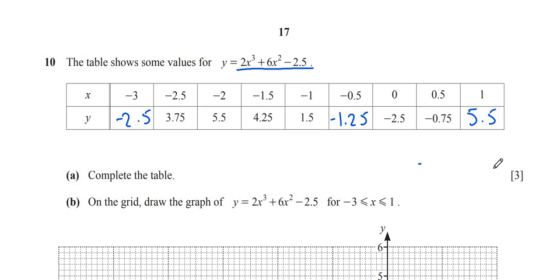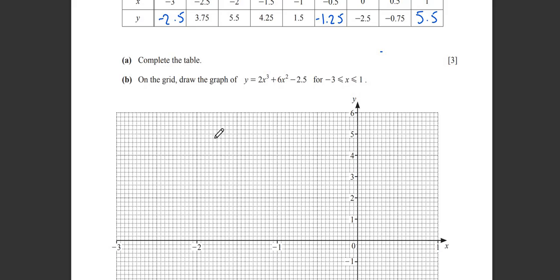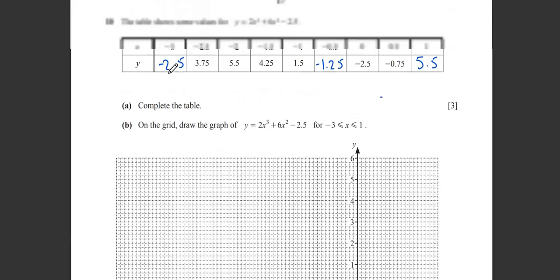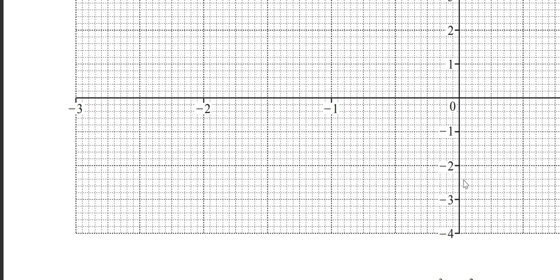Now the question says on the grid, draw the graph. So look, we already have the values when x is equals to negative 3, y is equals to negative 2.5. So let's just plot it. Each is 0.2. So this is negative 2, negative 2.2, negative 2.4, negative 2.5. Okay, it's this point.